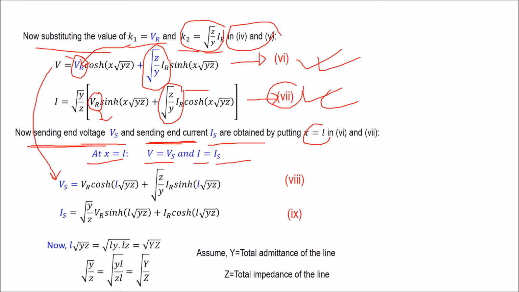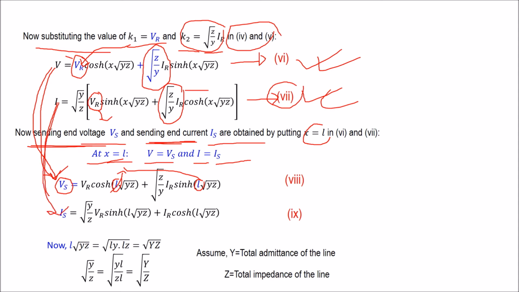So in equation 6, we put x equal to L. Before it was x, now here we put L. Similarly, it was V, so we put Vs, right? Before it was x, now we put L, right? And for current, I will be Is, right?